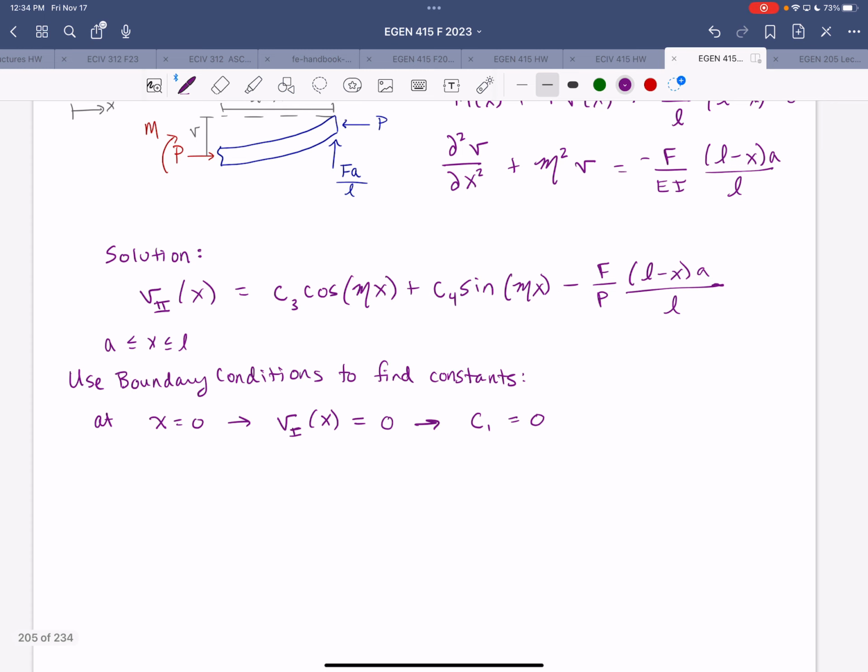And then the other support can give us another easy boundary condition to work with, which is if we plug in x equals L to the region 2 equation, we should get 0.